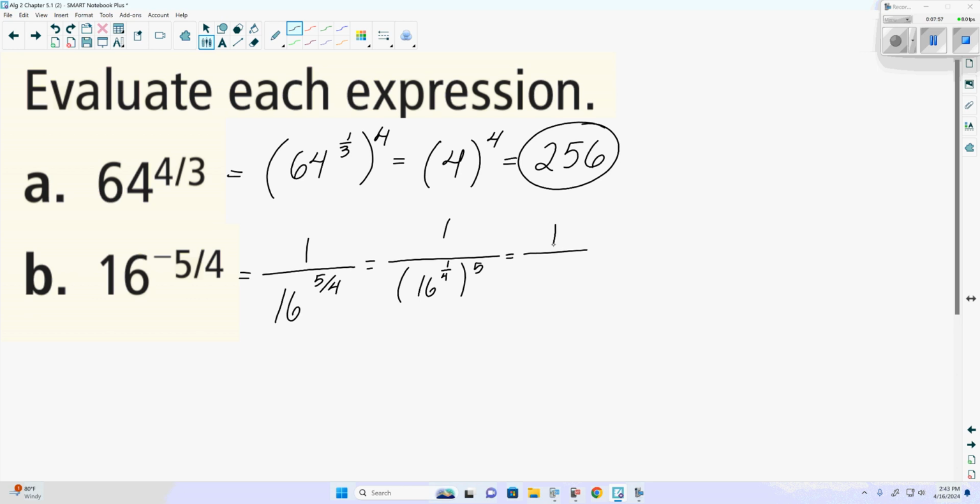Well, our 16 to the 1/4, we're looking for the 4th root of 16, or what times itself 4 times is 16, and that is 2. 2 to the 5th is 32. So 16 to the negative 5/4 is 1 over 32. Questions on this here? Are you ready for the next one?